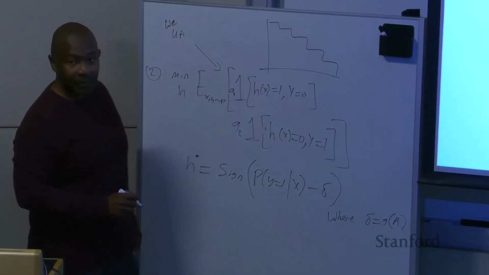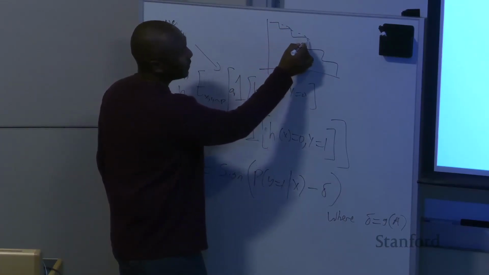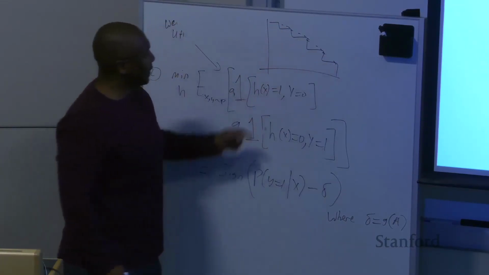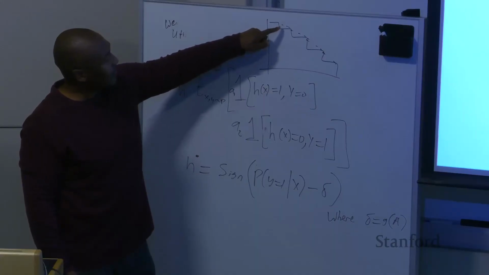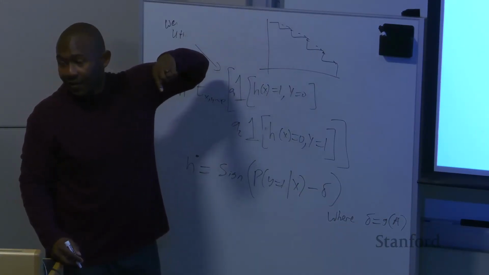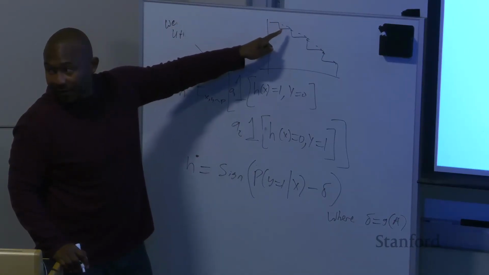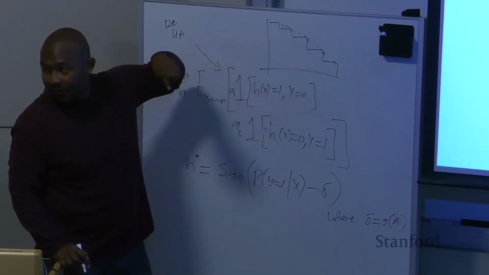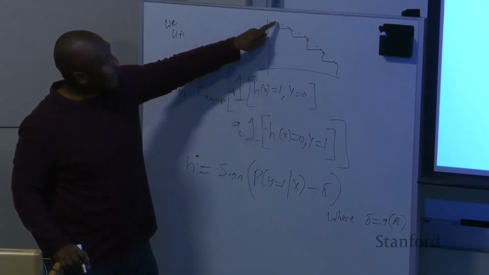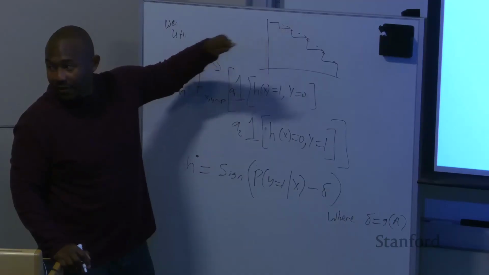The most common way that people use in the ROC literature is just connect these. Because you can show that a classifier at the interpolation, the convex hull, is achievable. The way you can achieve the convex hull is through a mixture of classifiers. These two will always achieve the ROC of the middle. So any point in the interpolation can be achieved by mixing the points on the edges.